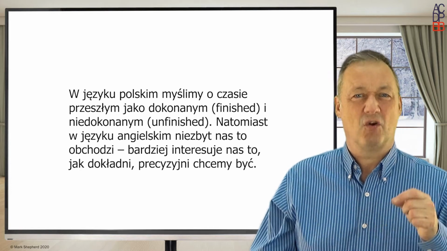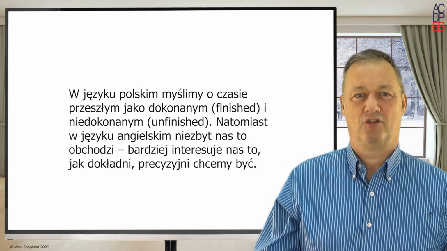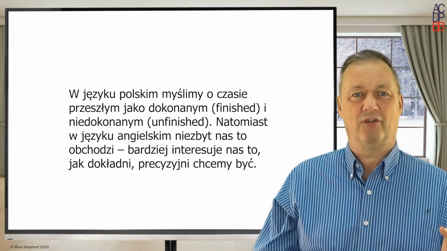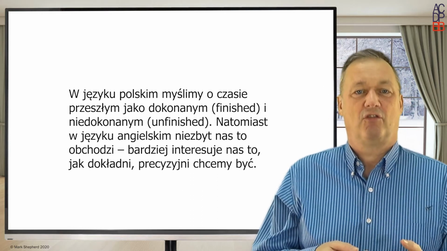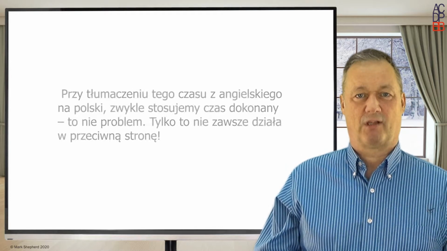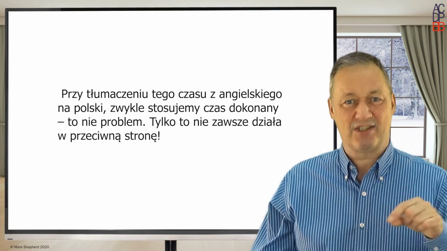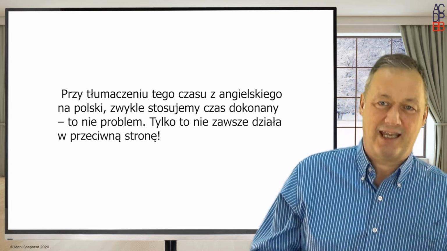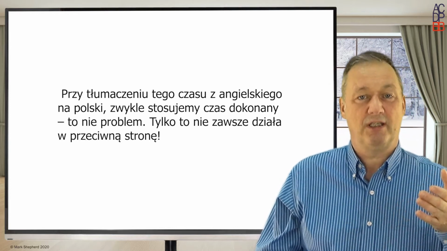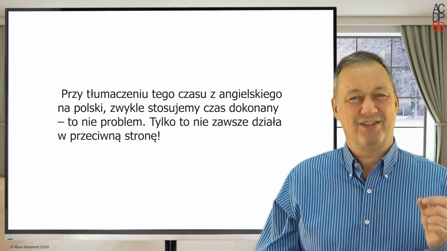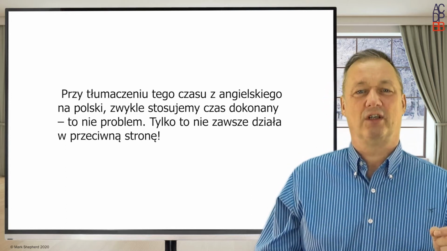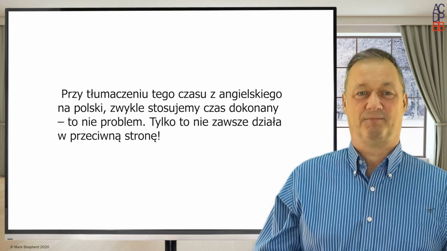In English, we don't think about that much. We're more concerned about how exact we want to be, how specific. So translating this tense from English into Polish, we usually use the dokonane past. No problem. It just doesn't always work in the other direction.